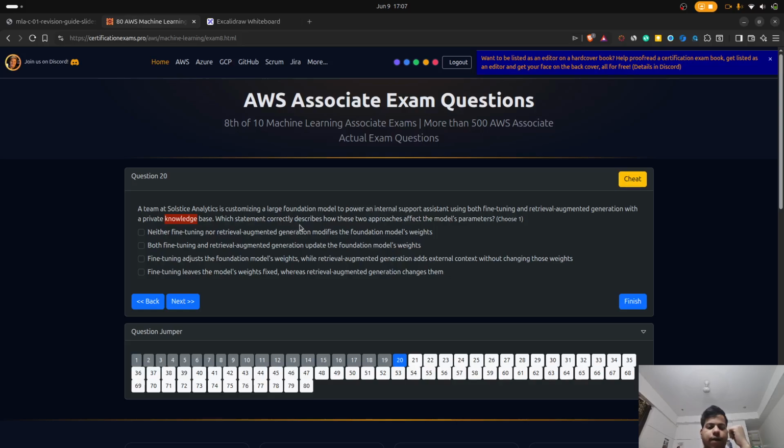Alright, this statement describes how these two approaches affect the model parameters. Okay. Very easy.